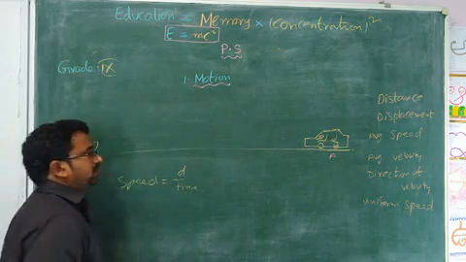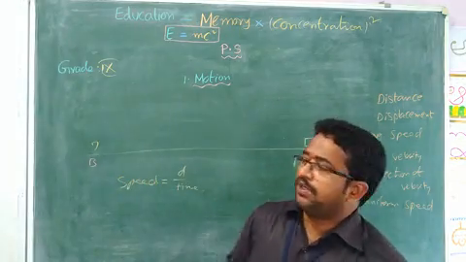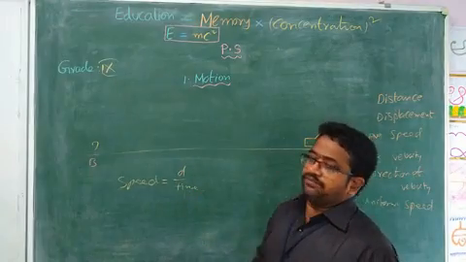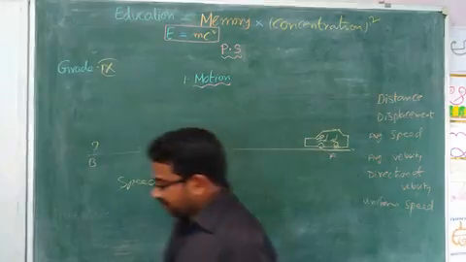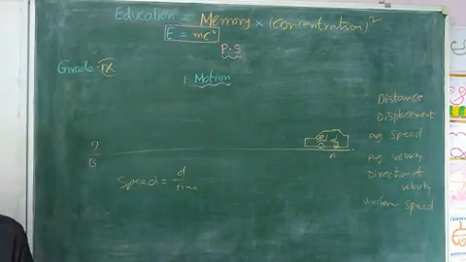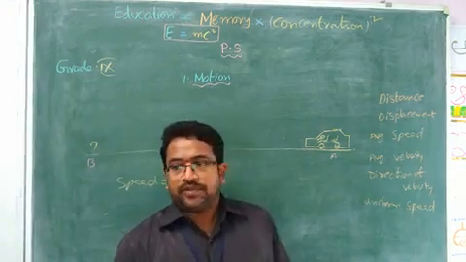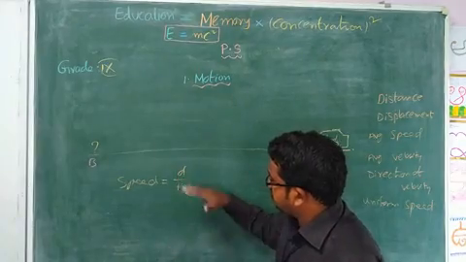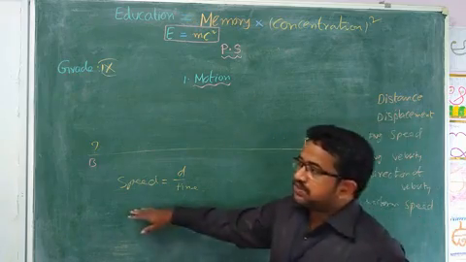So how do we define speed? The distance covered by a body in a particular time. For example, in 1 second I completed 2 feet, so 2 feet per second is my speed. The distance covered in unit time is called its speed.